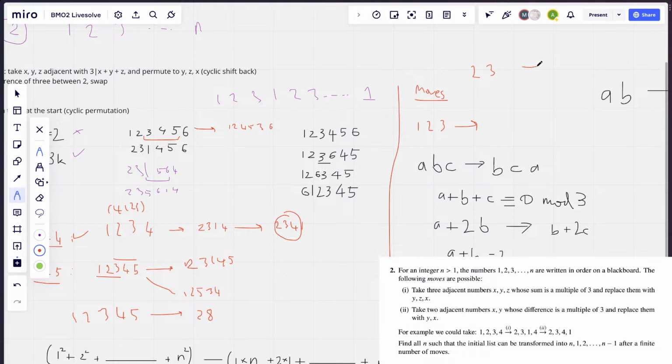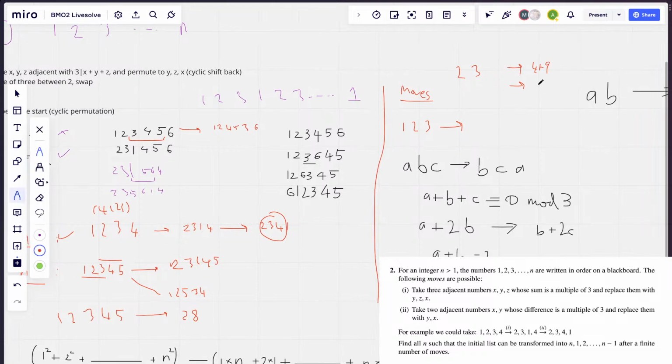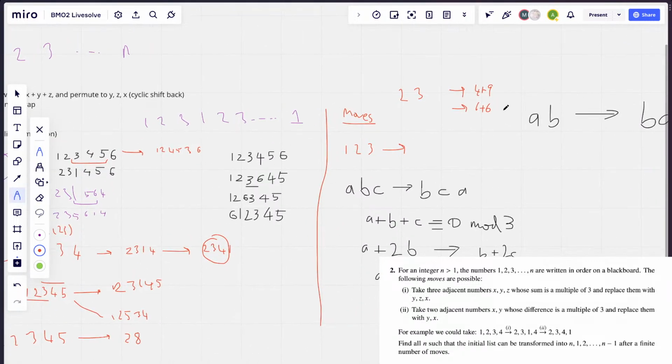Like 2, 3 could go to 3, 4, and 4 plus 9, or it goes to 2 by 3, 6 plus, it's 13. It goes to 11. Yeah, I don't think our second move works.